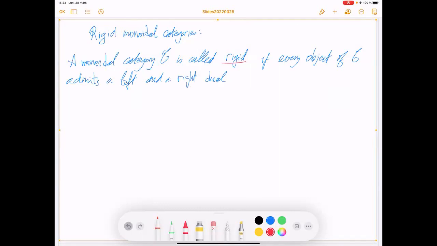We will define the notion of left and right dual objects. I wrote left and a right. This means that the left dual object should not necessarily be the same as the right dual object. You can have a left and a right dual object.